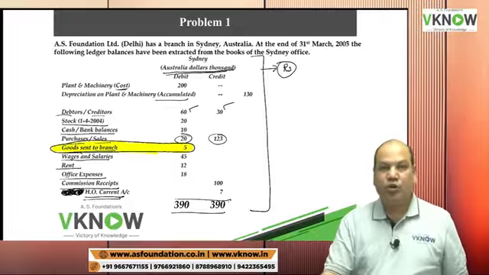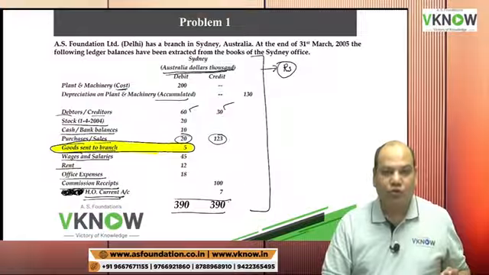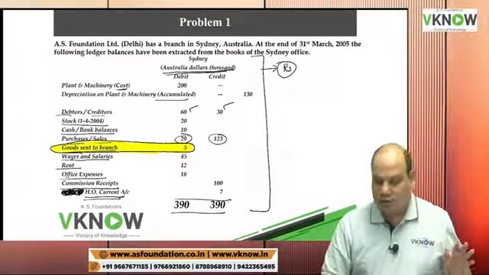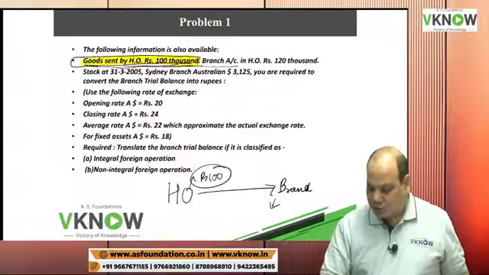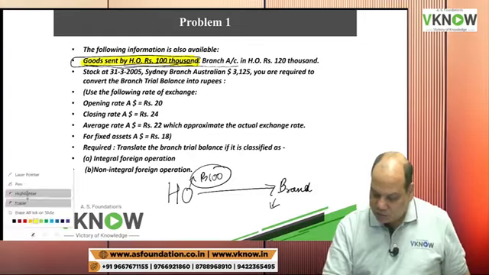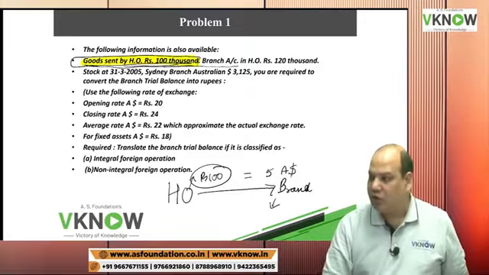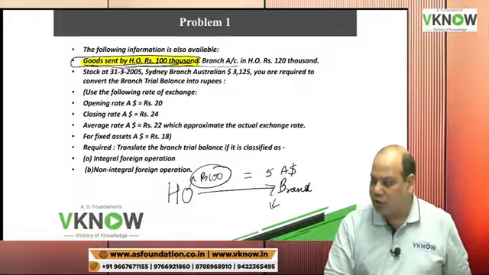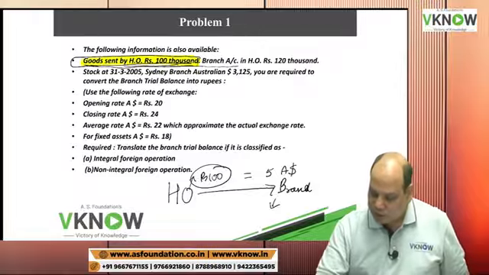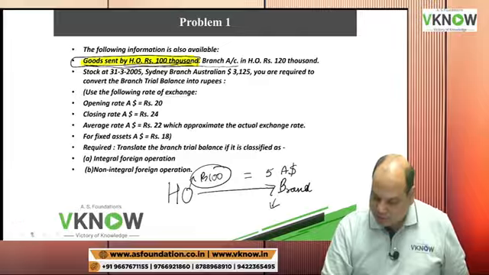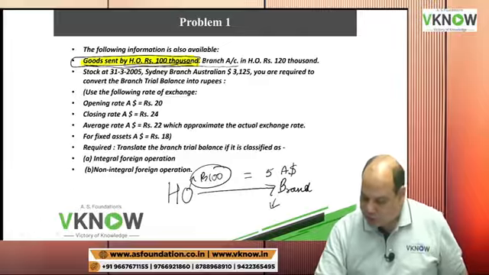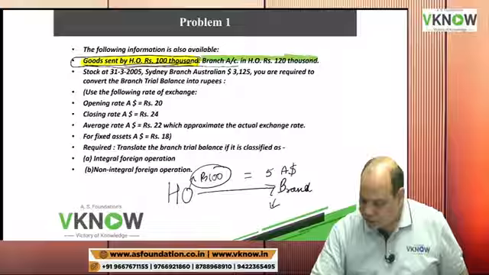HO will send, the branch will receive. But HO will record in rupees, and the branch will record in Australian dollars. So can I say 100,000 rupees is equal to 5 Australian dollars? Another adjustment is the branch account in HO books.